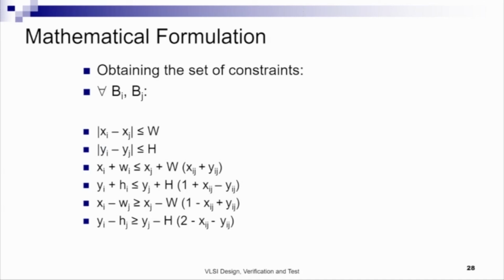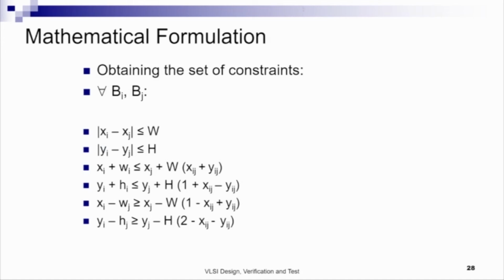So, if xi plus wi is less than or equal to xj is true, and this is what we want, that we want bj to be on the right of bi, then we want this constraint to be true, and it should not be trivially true.